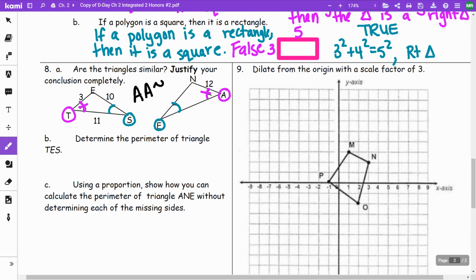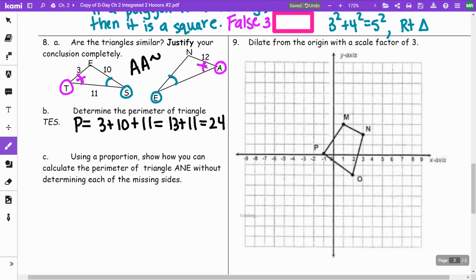On B, determine the perimeter of the triangle TES. So perimeter of TES is going to be 3 plus 10 plus 11. So we get 13 plus 11 or 24. Now it says using a proportion, show how you can calculate the perimeter of triangle ANE without determining each of the sides.